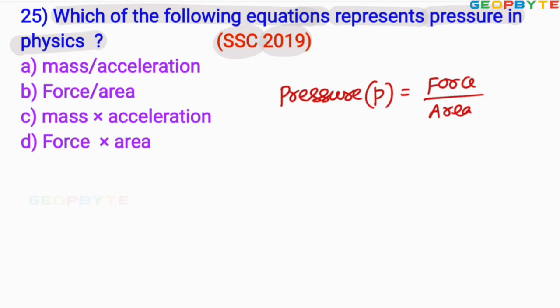Force is in newtons, area is in meter square. Newton per meter square is the unit of pressure. The general formula for pressure is force per unit area. Therefore, option B is absolutely correct.